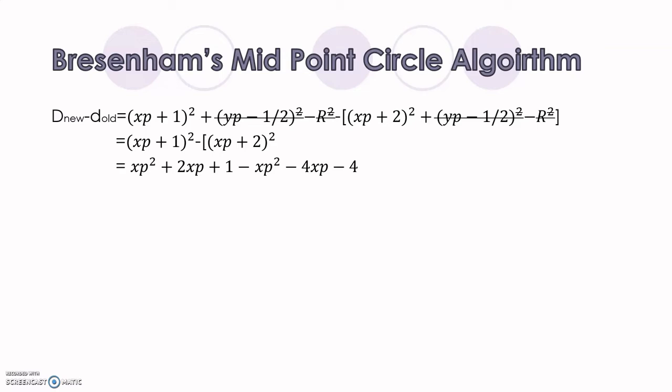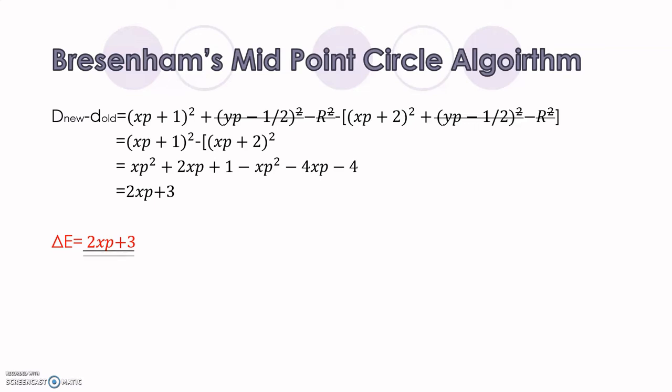So we get xp square plus 2xp plus 1 minus xp square minus 4xp minus 4. Again cancelling the unlike terms, we get minus 2xp minus 3, so delta E is 2xp plus 3. So when we choose the east pixel, we increment 1 unit in x, and we add delta E, that is 2xp plus 3, to D.